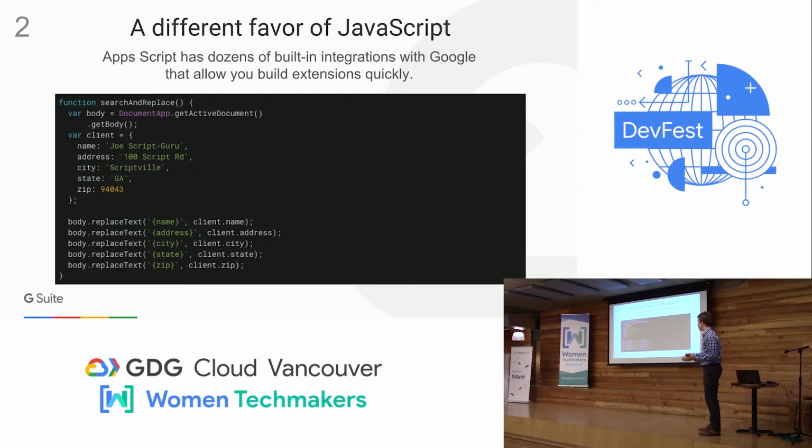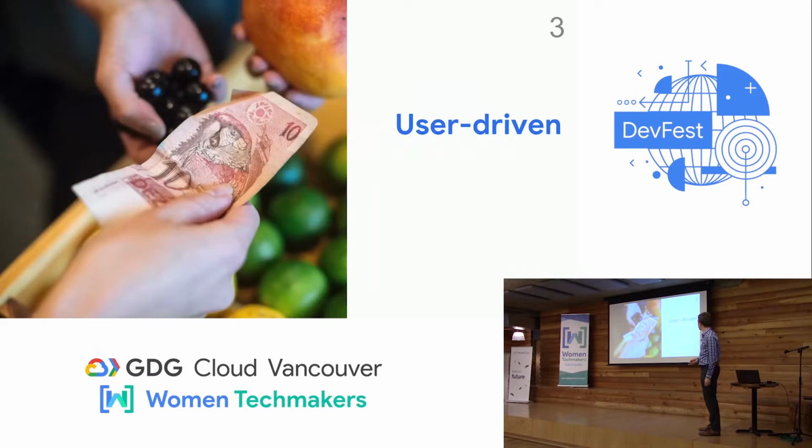Rather than doing that manually, you can do that programmatically. You can say, get the document with DocumentApp.getActiveDocument, get the body, with whatever data stored in just a normal JavaScript object. And then third, you can just call body.replaceText and take in the parameter, which is what to search for, and replace it with the client name, client address, et cetera.